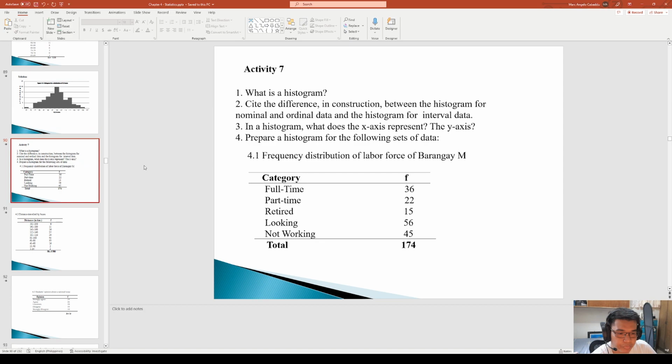Okay? So we have an activity. Activity 7. It's very simple. You just need to describe what is histogram, what are the differences in constructing histogram for each different sets of data, nominal, ordinal, and interval data, and what does the x-axis represent and the y-axis represent for the histogram, and of course you need to prepare a histogram for this set of data, table 4.1.